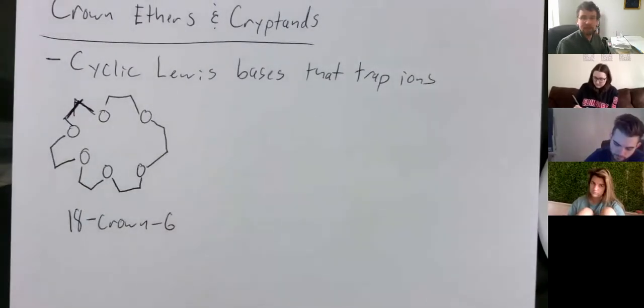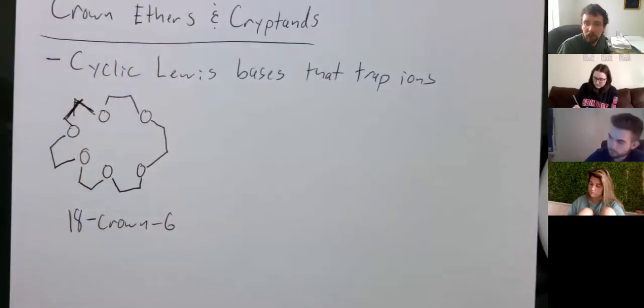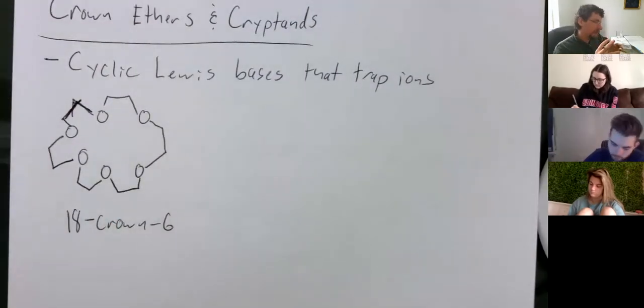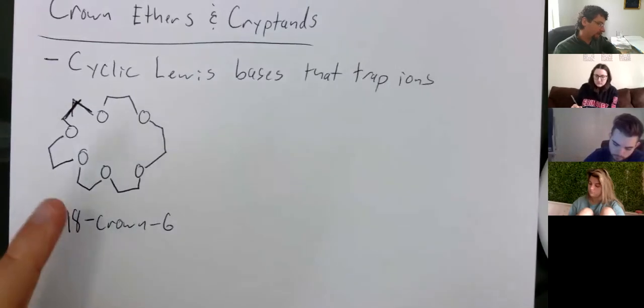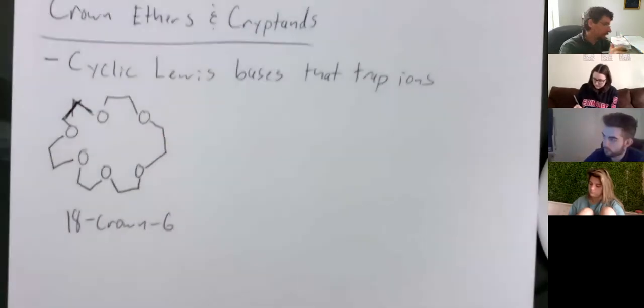Now cryptands are, this is more like a 2D system. Cryptands do extend into 3 dimensions. Instead of just one ring, they're like a conglomeration of rings.